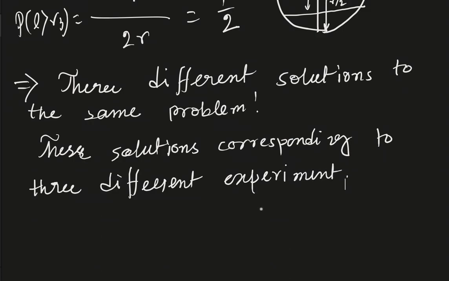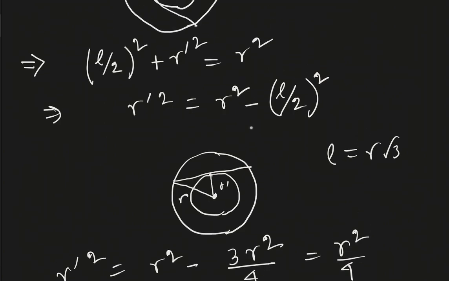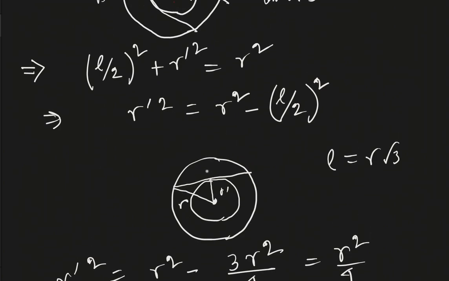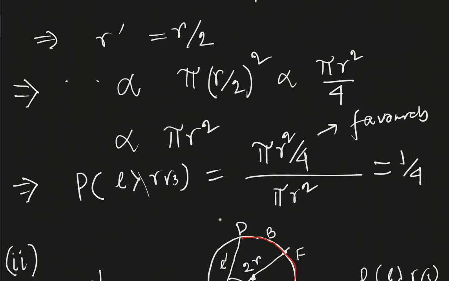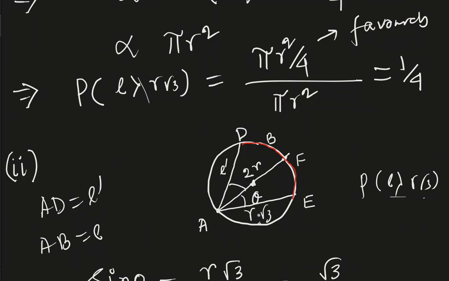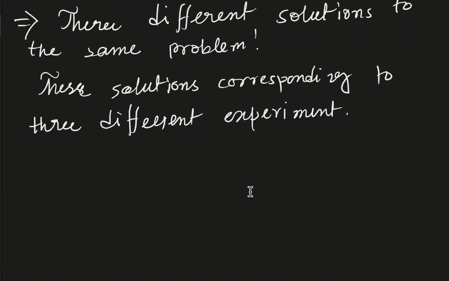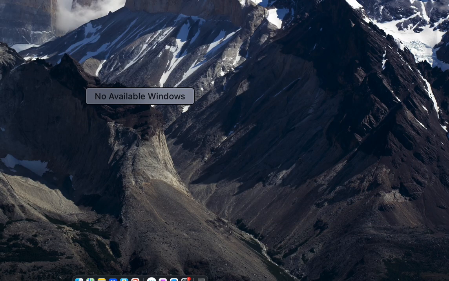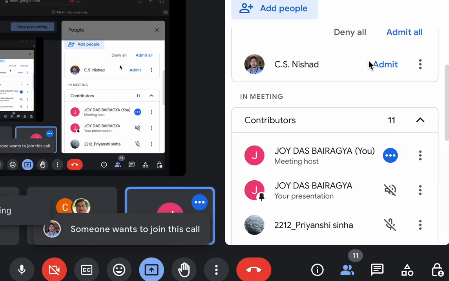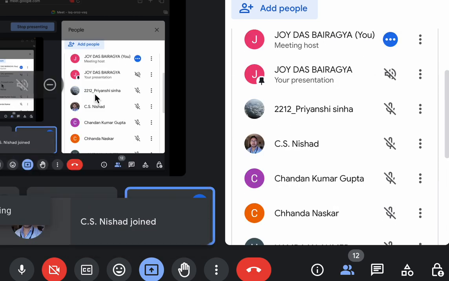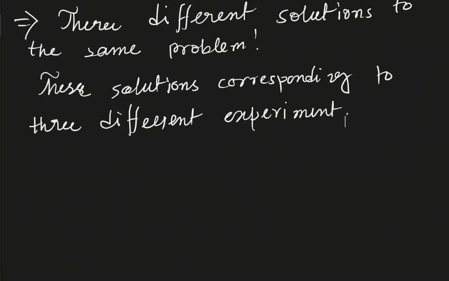Why I'm saying that? If you see, here I use some constant, here also I use some particular constant, and here also I choose some particular constant. That's why one can say that these three correspond to three different experiments, which is actually true.